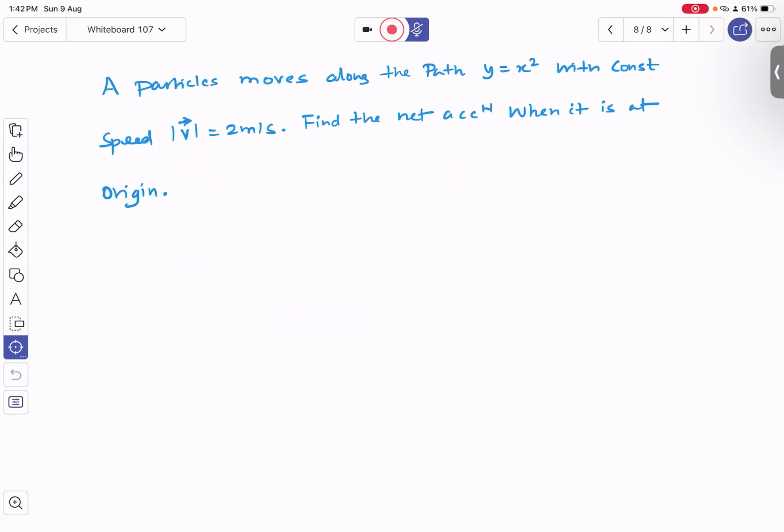So try this question. Find the net acceleration when it is at origin. Again, think like this: I have to find acceleration. It will basically have two components, ax i cap and ay j cap. Maybe I'll draw the diagram also.